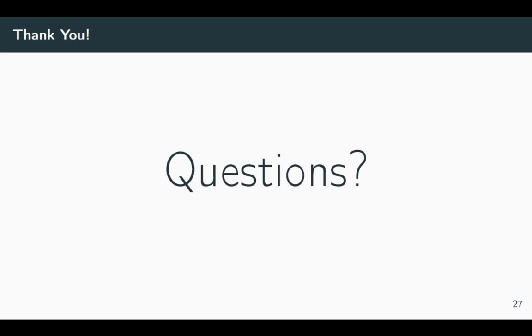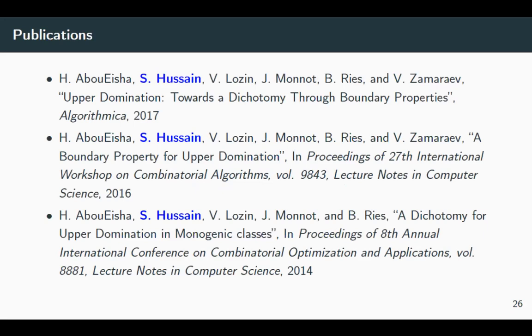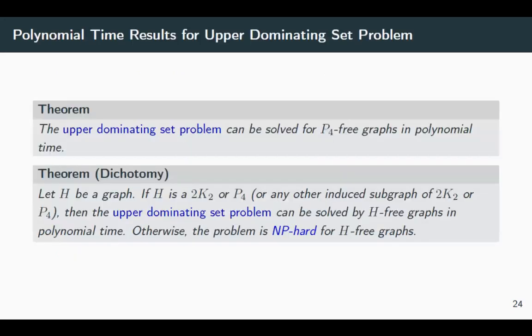We found that in general it is NP-hard, but the last two results that I showed: if I have a graph which is P4-free or 2K2-free, then it is polynomial solvable.